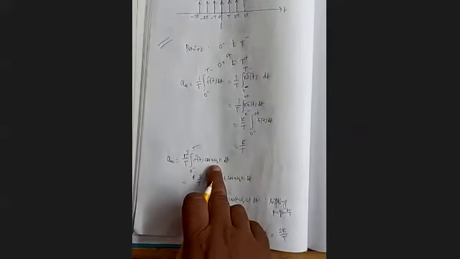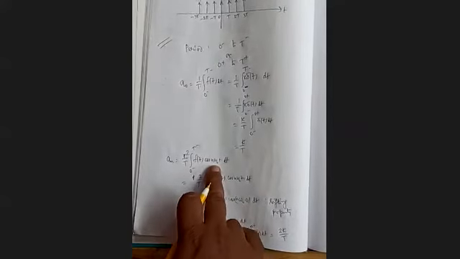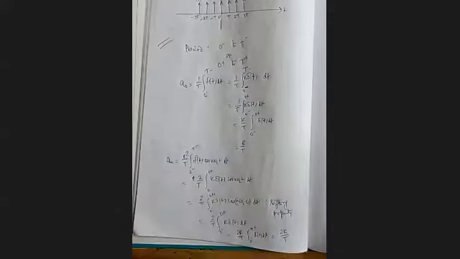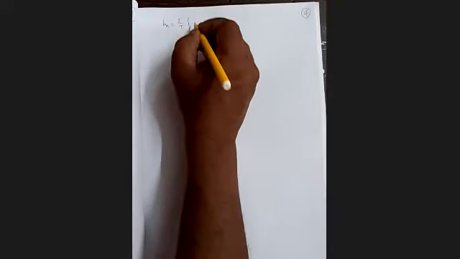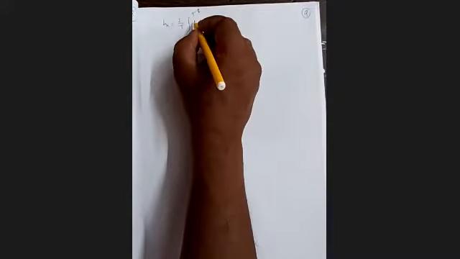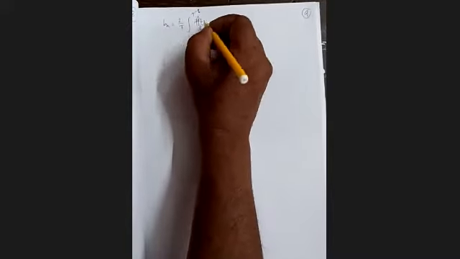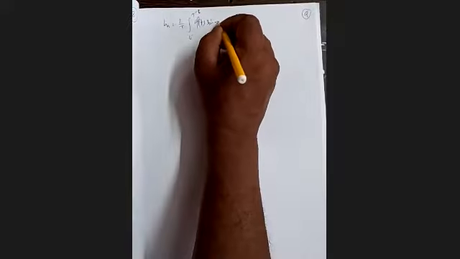Now to find the value of bn, everything remains the same, except that the cosine function is replaced by sine. Clear? So let's see the expression of bn, page number 9. 2 by T integration from 0 minus to T minus of f(t) sin n omega 0 t dt.